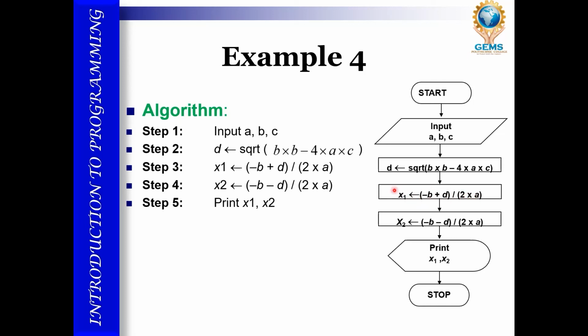Based on the formula we place it here, and this value is stored in x1. Likewise this value is stored in x2. Then finally we print the value of x1 and x2, and our flowchart will end with the stop symbol here. So this is the way we represent our algorithm in terms of a flowchart. I hope, my dear students, it's clear for you.